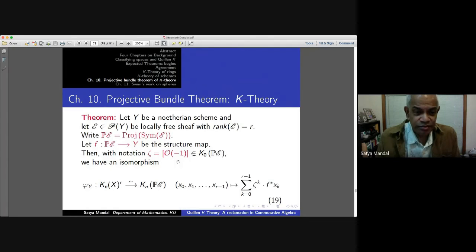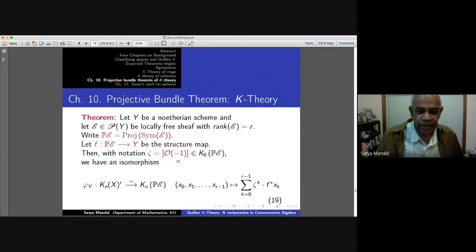This one I'm stating for locally free sheaves. So as usual, you take a locally free sheaf of rank r, P(E) is the same, ζ is the same. Then K_n(X)^r is isomorphic to the K-theory of P(E). The same theorem works.